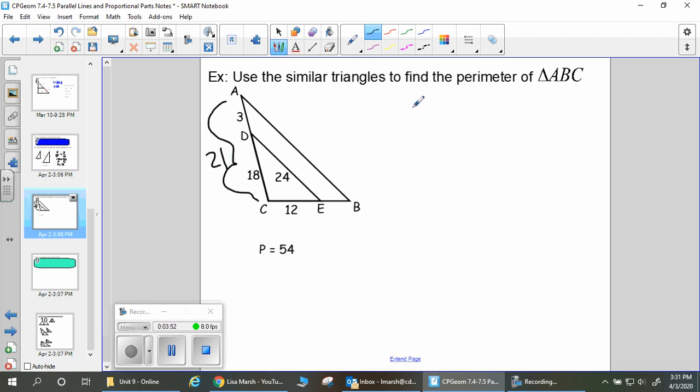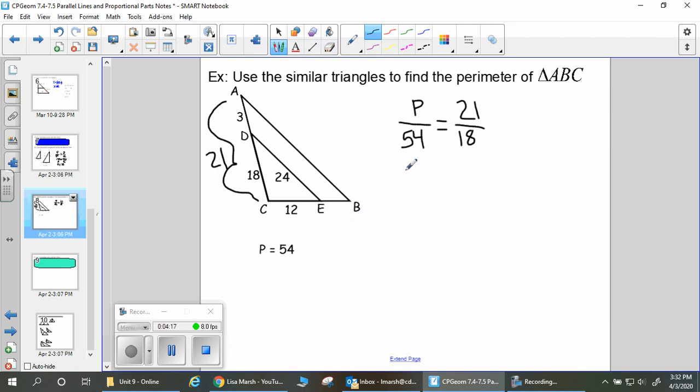So setting up my proportion, perimeter of ABC that I don't know over the perimeter of 54 that I do know. On top, the big triangle ABC has a side of 21. The small triangle has a side of 18. Again, making sure we're setting that up accurately.